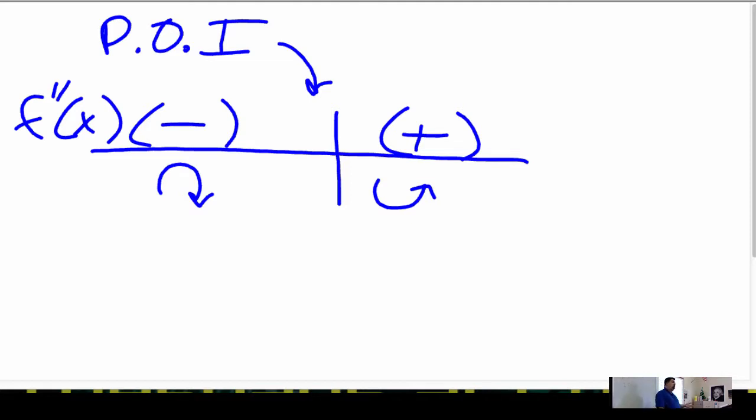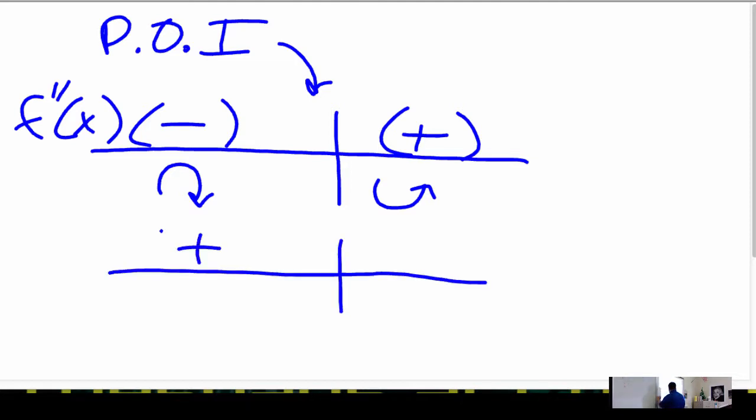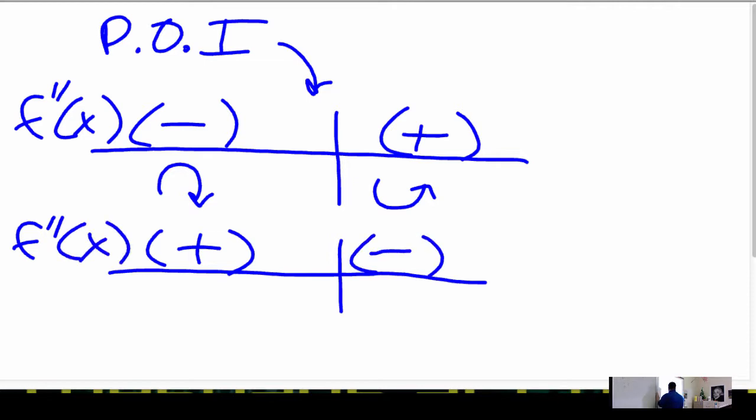So at the point of inflection, it can go from concave down to concave up, or if my f double prime of x is positive and then it switches to negative, it goes from concave up to concave down. But this always occurs at the critical points of f double prime. Actually, it's when f double prime equals 0, right?